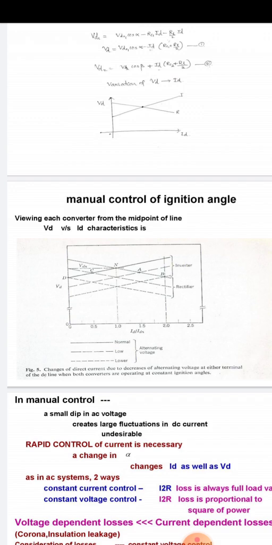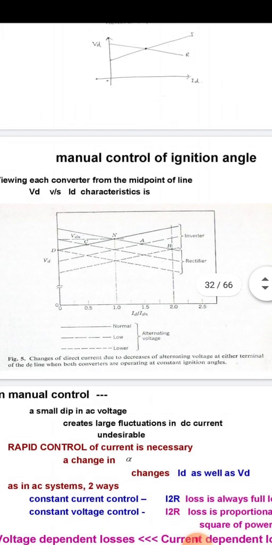On the X-axis is ID and on the Y-axis is VD. Now we can differentiate those three lines. The straight line shows normal values. The dotted lines show lower alternating voltage.